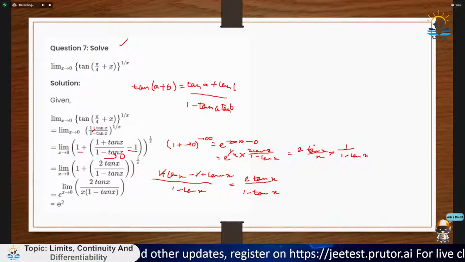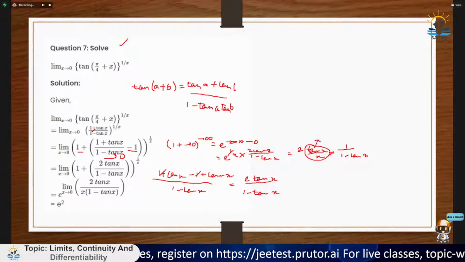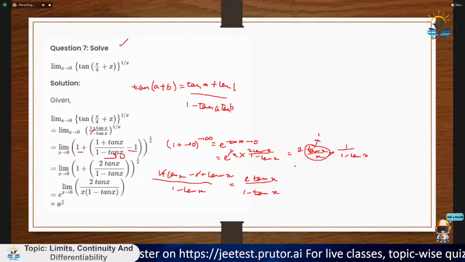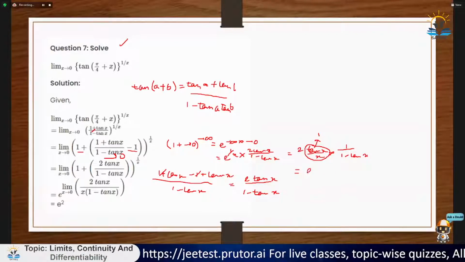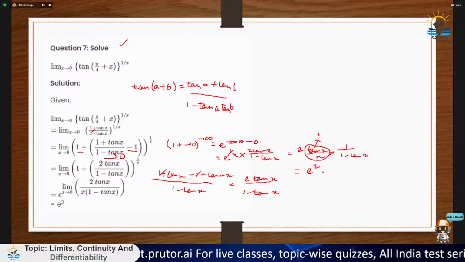Okay, and you again know limit of x tending to 0, tan x by x is equal to 1, as I told you in the previous question. So this will be equal to 1, and tan 0 is 0, so that will be 1 only. So e power 2 is your answer.